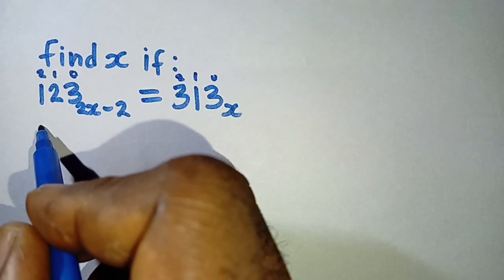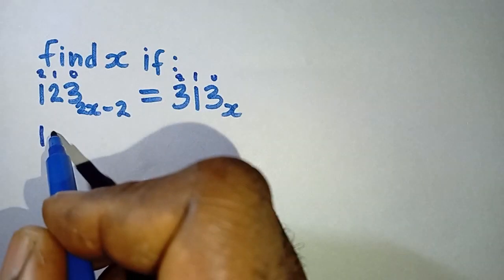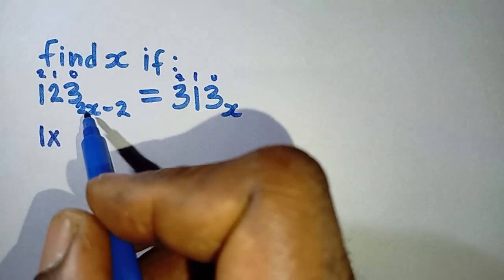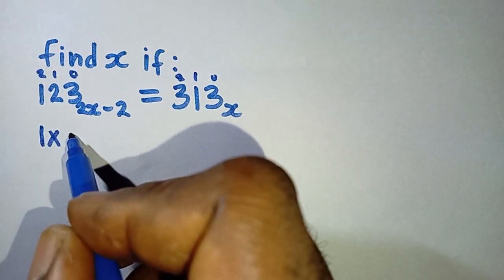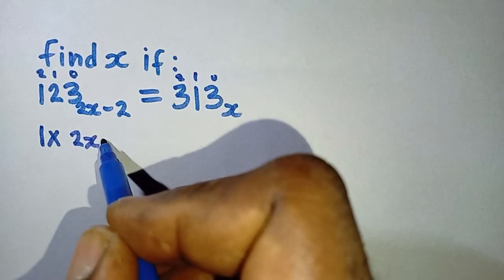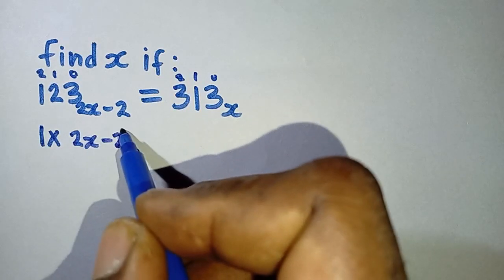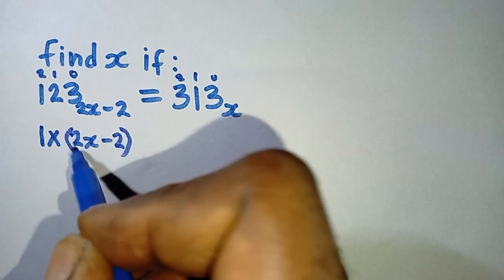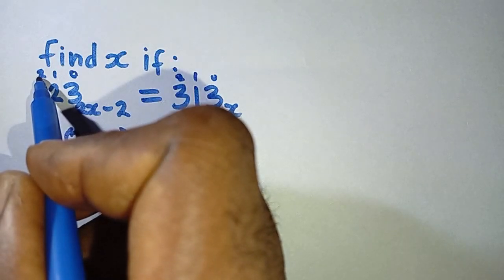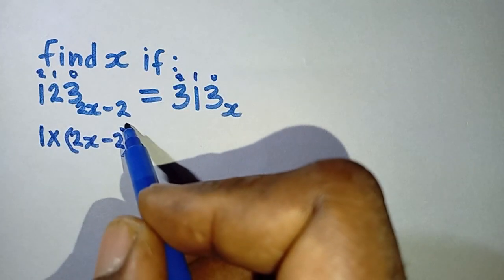So this becomes 1, this number here, multiplied by the base, which is 2x minus 2, all raised to this power that one has here, which is power 2.